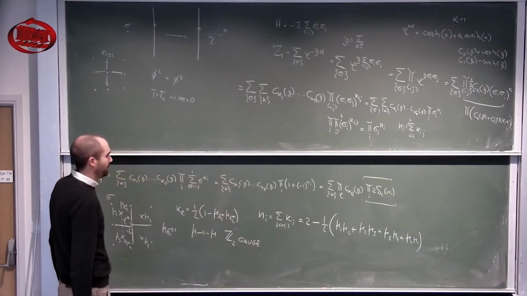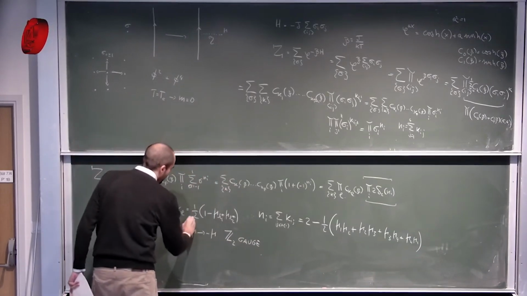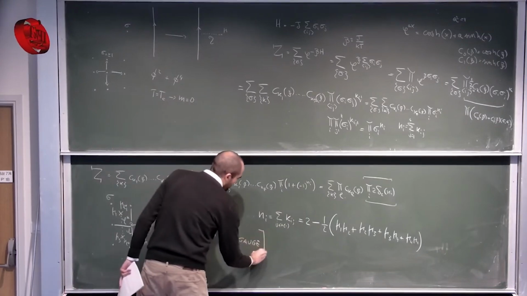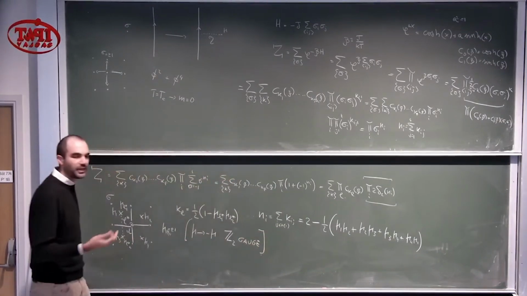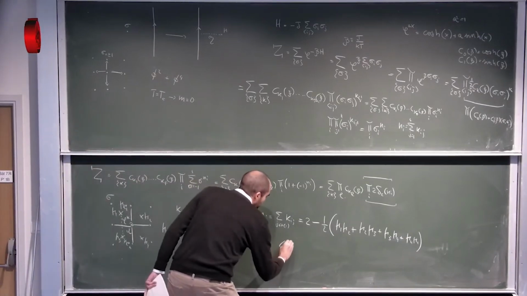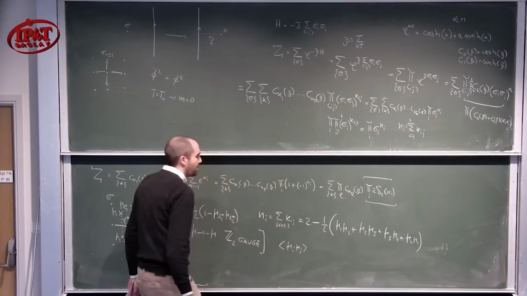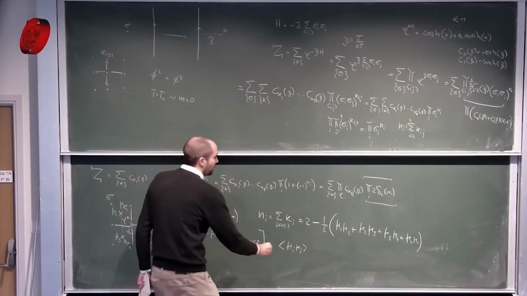So you can explicitly keep track of this gauge symmetry by saying that mu by itself is not gauge invariant. So for example, computing correlation functions of this type does not make sense. This object is not gauge invariant.